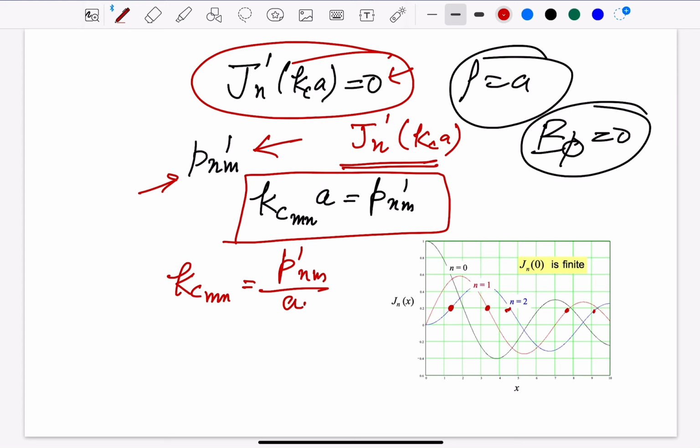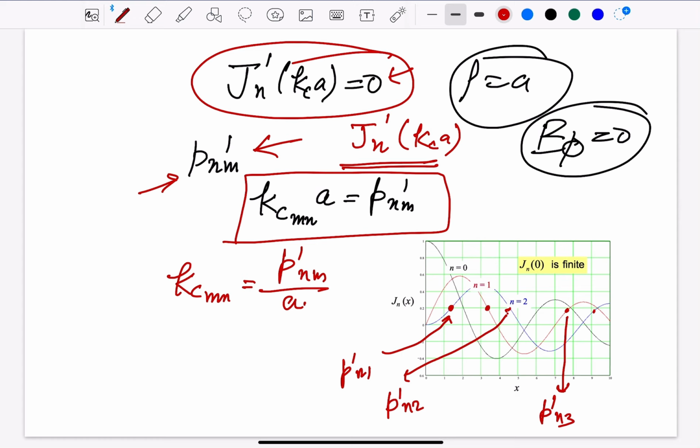So where you are getting the first 0 of this Jn, let's say this is P prime n1. For this one, this is P prime n2, and similarly the third one is here, which is P prime n3.